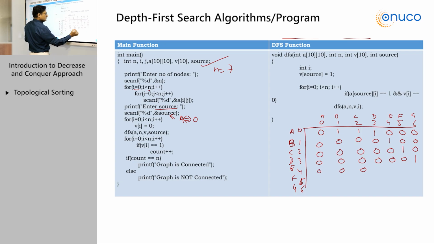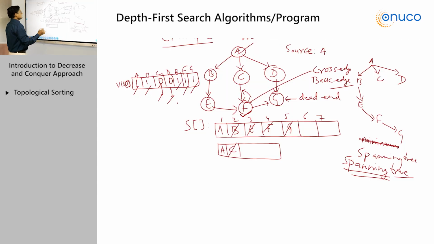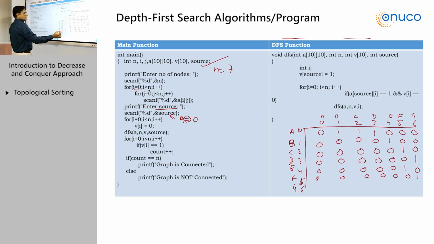No, we have only E to F. F to other vertices? We can see based on the previous graph, we have F to G. And G to, do you have any path from G to other vertices? Look, no, we don't have any path from G, right? Hence, all the values you are going to put as 0. This is the input.